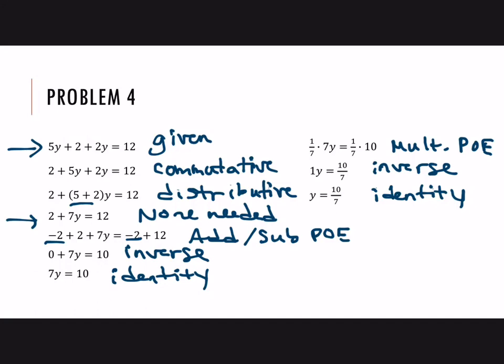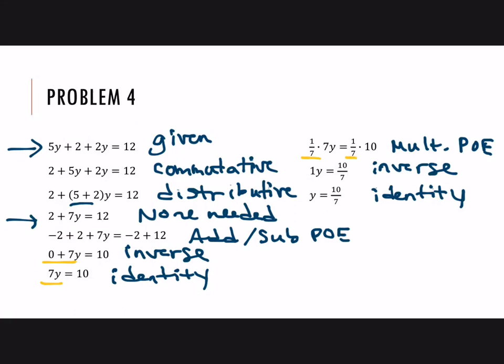The next step, we have arithmetic that we're ignoring. We don't need to justify negative 2 plus 12 is 10, but we do need to justify this one. Negative 2 plus 2 is 0. That's the inverse property. Then next, 0 plus 7y is the same as 7y. That's the identity property. The next thing that happens is a 1/7 gets multiplied to both sides.